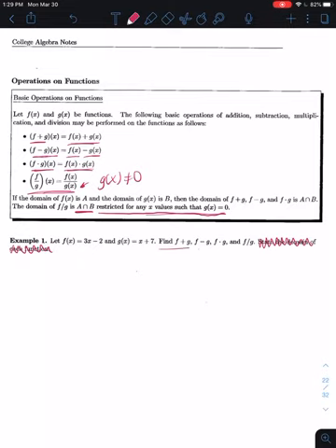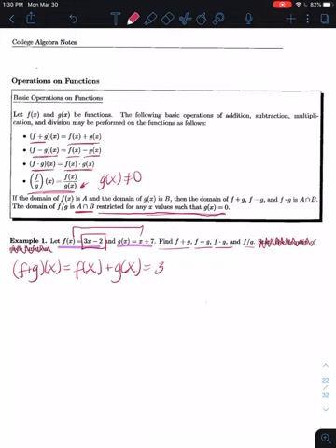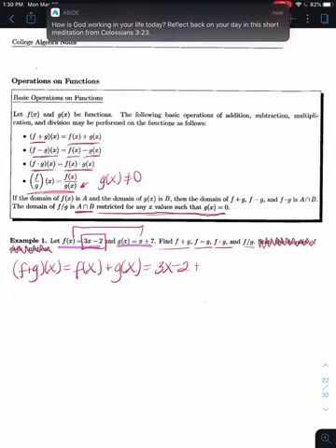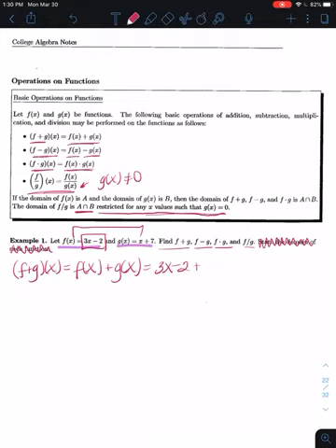So we're going to find all 4 of these using the two functions that they give us. They give us f(x) and g(x). So it says to find (f + g)(x), which is the same thing as f(x) plus g(x). Well, f(x) is this 3x minus 2 plus g(x), which is x plus 7.